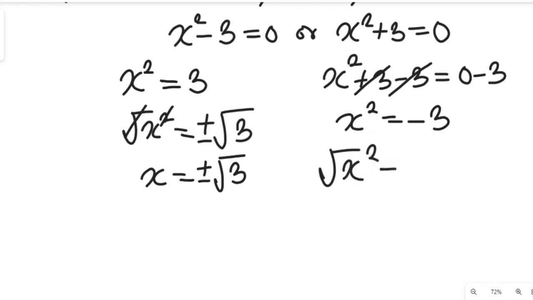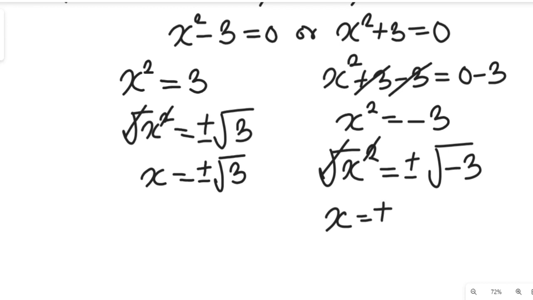We're going to have positive or negative the square root of negative 3. So this clears this, and then we'll have our x to be equal to plus or minus the square root of 3 multiplied by negative 1.